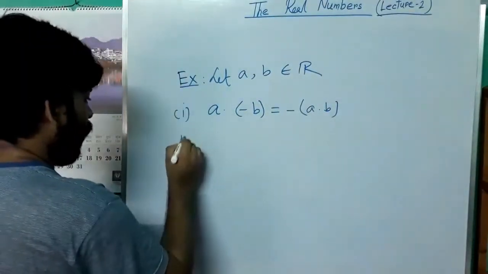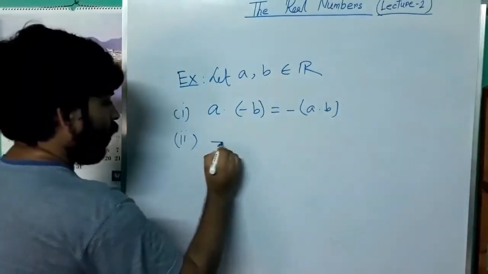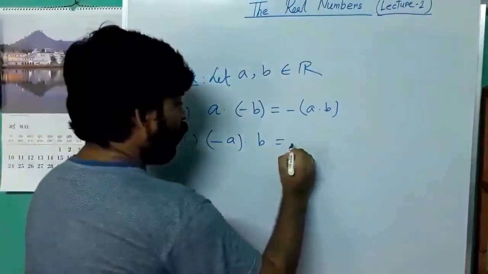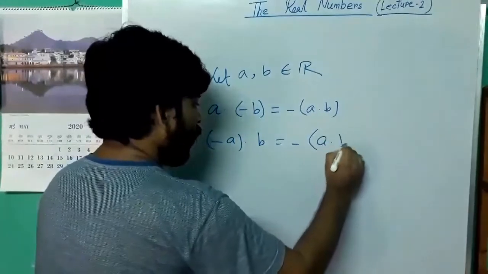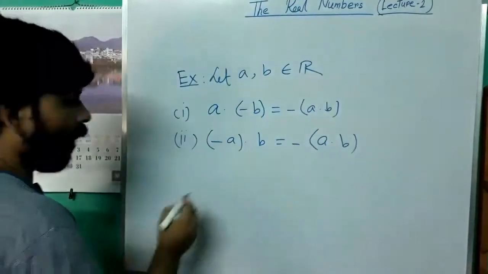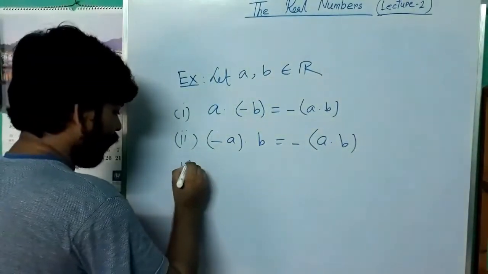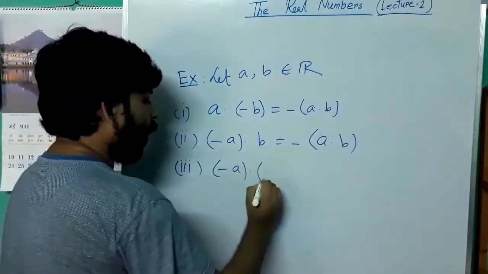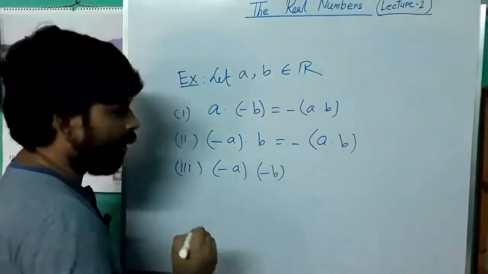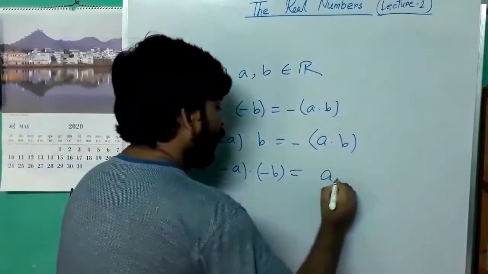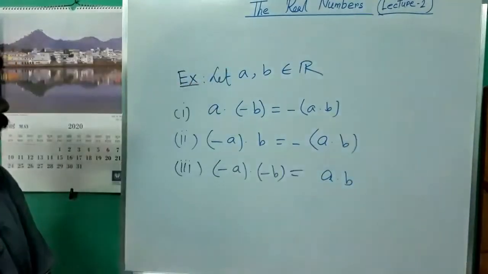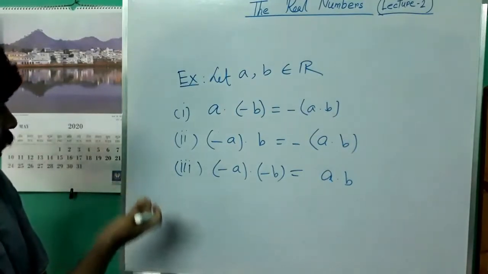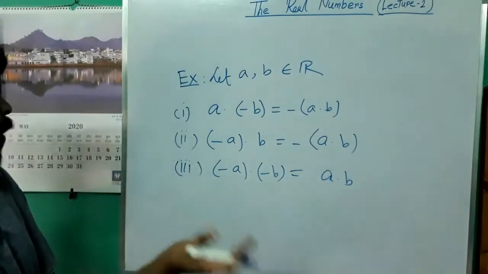Exercise 2: minus a multiplied by b is equal to minus of ab. The third exercise is: minus of a multiplied by minus of b is equal to ab. These exercises can be done easily from the algebraic properties of R, and they help us to go further.